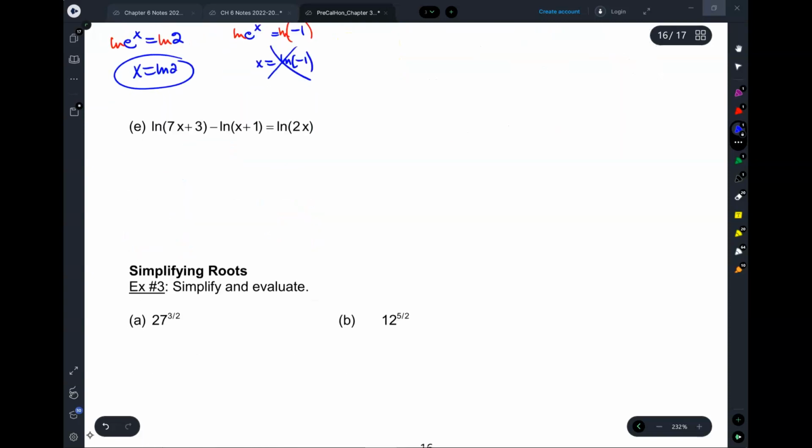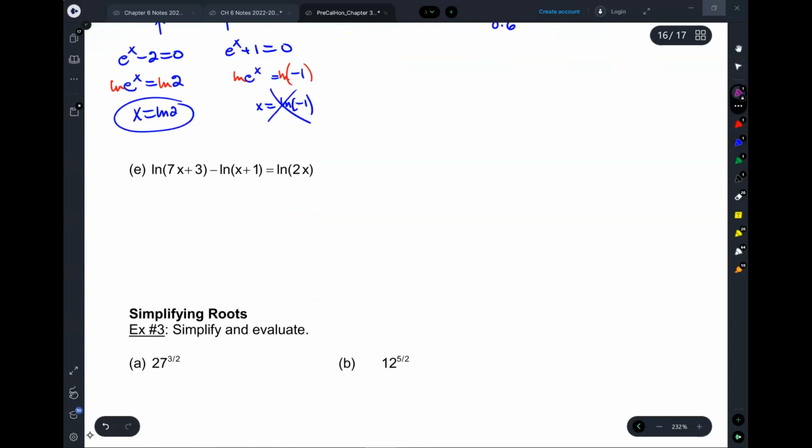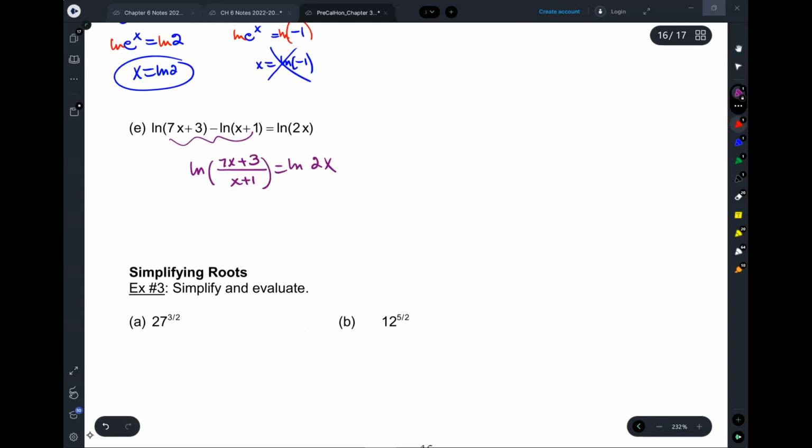Okay, this one we have to condense here. So it's going to be ln of 7x plus 3 over x plus 1, ln of 2x. Set those two equal to each other.